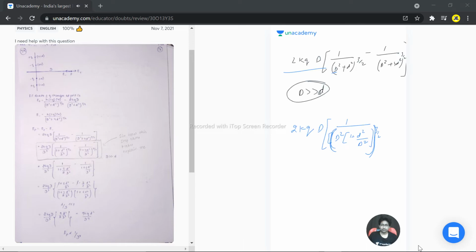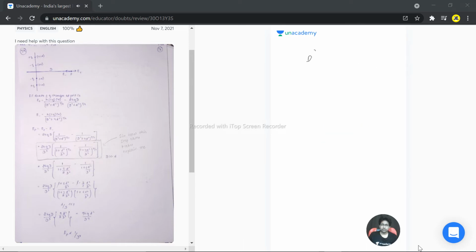Now I'm separately solving this, D square plus d square raised to the power 3 by 2. What I am going to do in this is D square (1 plus d square by D square). Can I read this as 3 by 2 whole? Because if you solve this, D square into 1 is D square, and D square multiplied by this entire thing becomes this, correct?